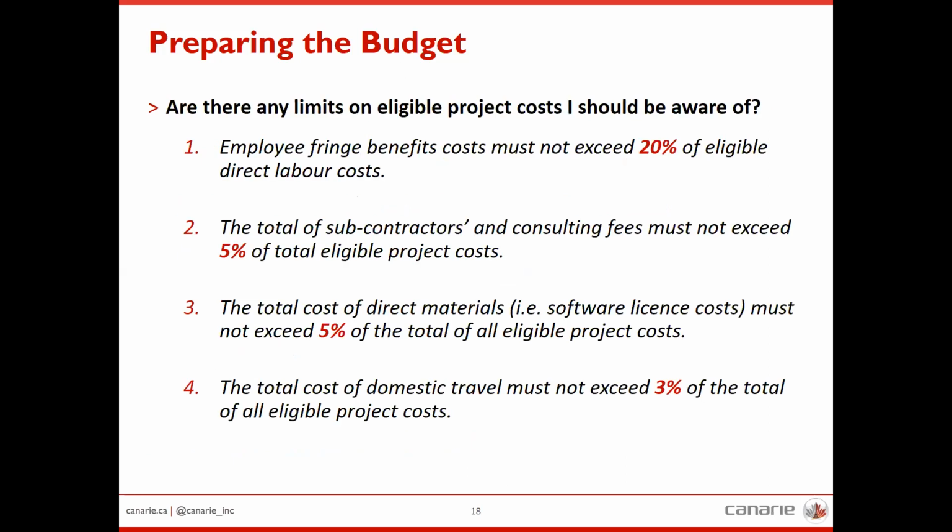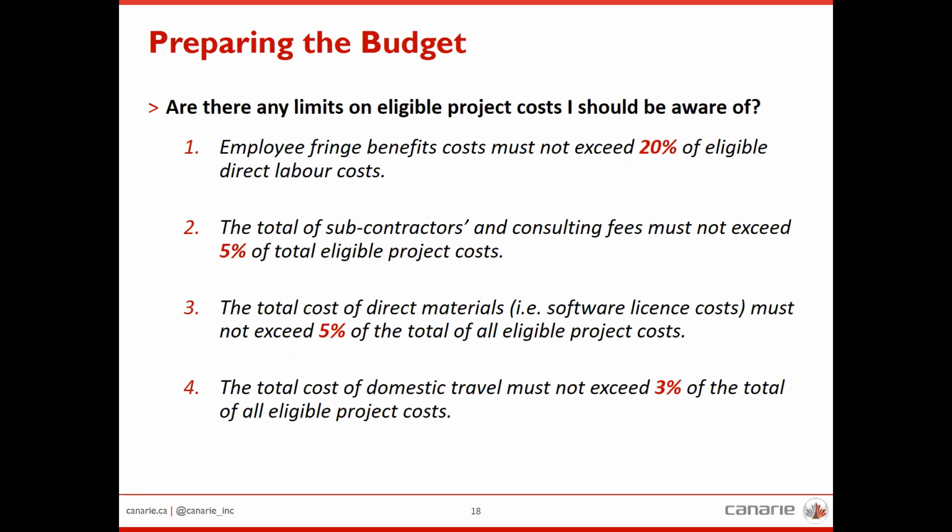Are there any limits on eligible project costs I should be aware of? Yes, there are. We have 4 limits here. First, the fringe benefits must not exceed 20% of the employees' direct labor costs, so their salaries. Second, the total of subcontractor and consulting fees must not exceed 5% of the overall project budget.